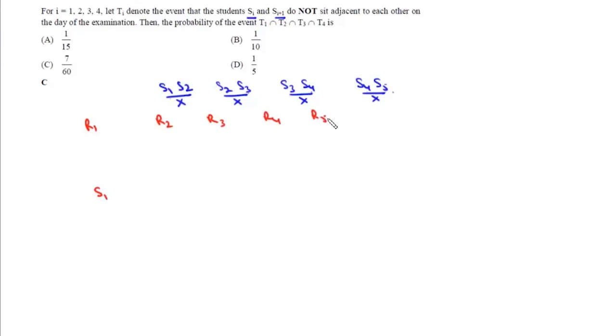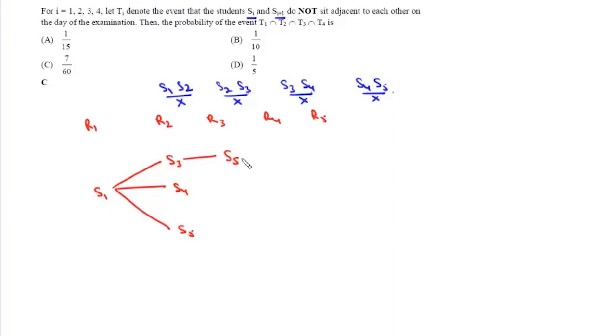Now since S1 cannot be adjacent to S2, R2 can be filled by either S3, S4 or S5. Now S3 cannot be adjacent to R2 and R4. So that means the only possible combination here will be S5.